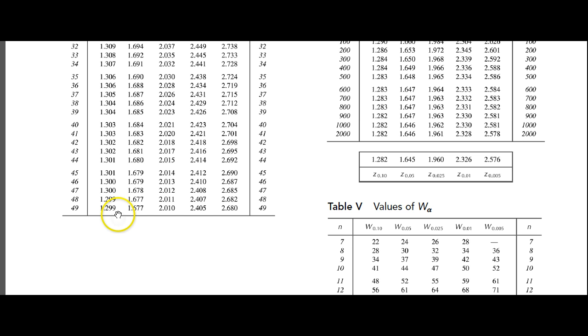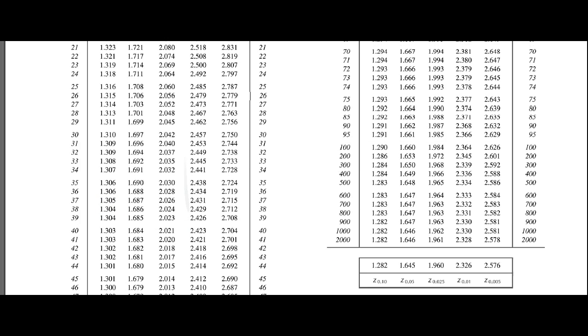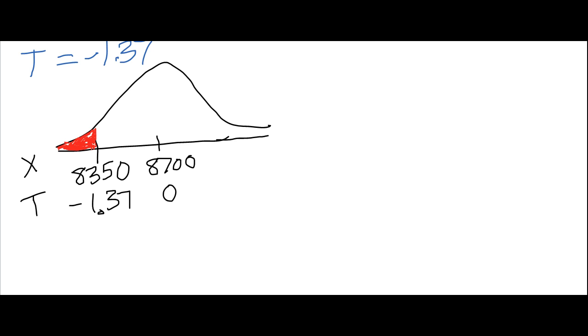So I'm going to look here, 49 degrees of freedom. I see that 1.37 would come between these two columns. And what are these two columns? 0.10 and 0.05. So that's where my p-value is going to lie.